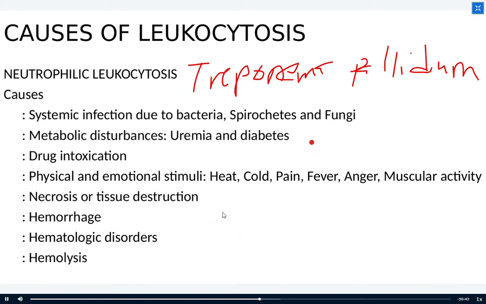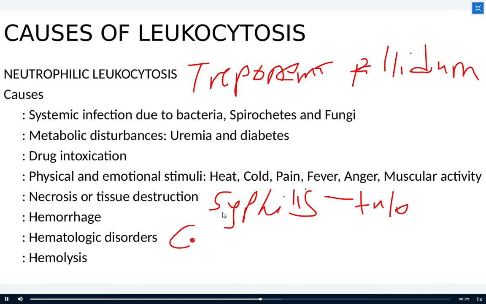No, Lyme disease is caused by your rickettsia. Okay, syphilis. So your syphilis sa Tagalog ay tulo. Now your syphilis is characterized by the appearance of your chancre in your genital area.